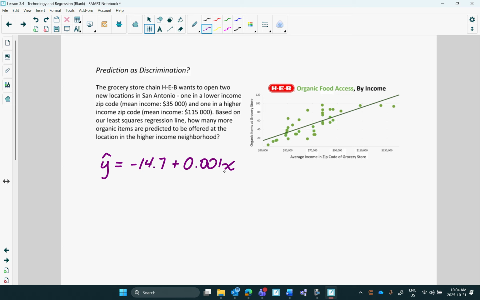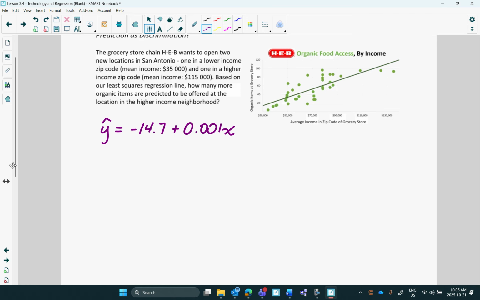So here's what you're asked. They're looking at opening two new stores, one in the lower income area, one in the higher income area. In the lower income area, the actual mean income is 35,000. In the higher income area, the mean is 115,000. So based on the equation of this line, how many more organic items are predicted to be offered at the location in the higher income neighborhood?